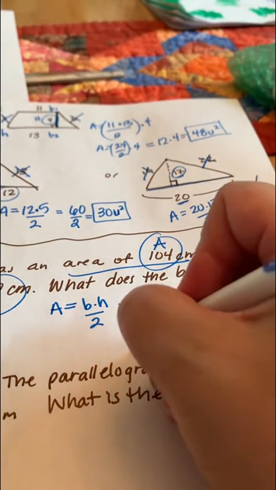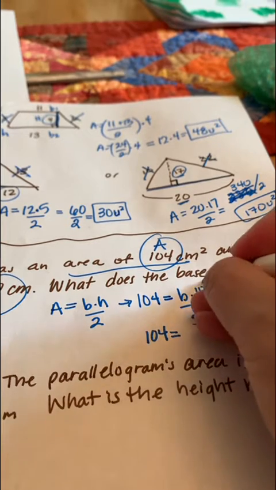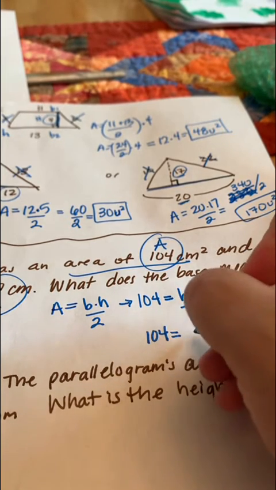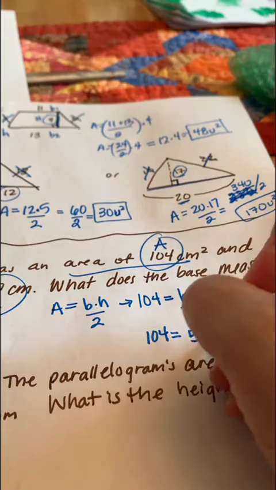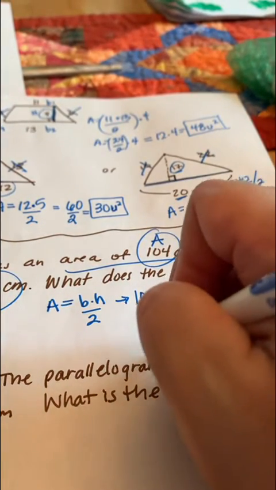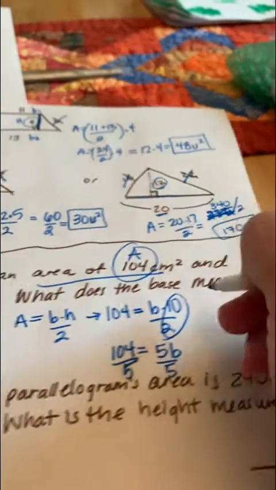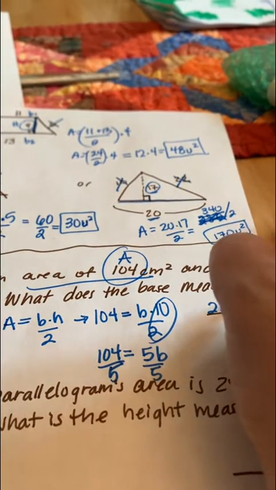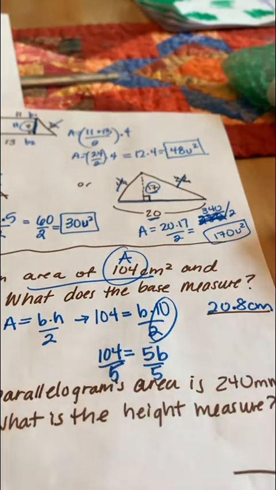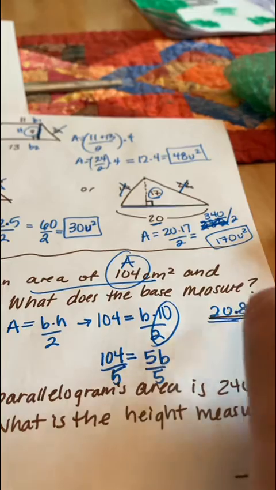I'm going to take this 104 and leave it alone. I'm going to divide this one out here, so 10 over 2, so I have 5 and I have my B. Now it's just a solving problem with algebra. Divided by 5 on both sides, and I get 20.8 centimeters. Okay, make sure you can work through that.